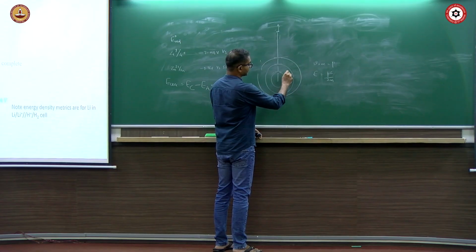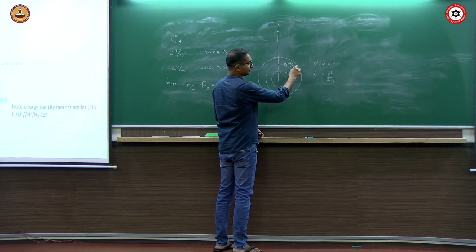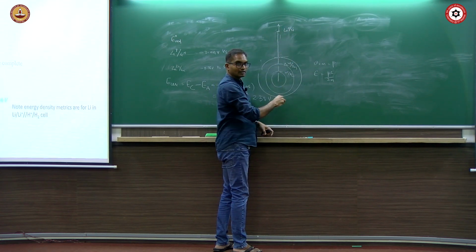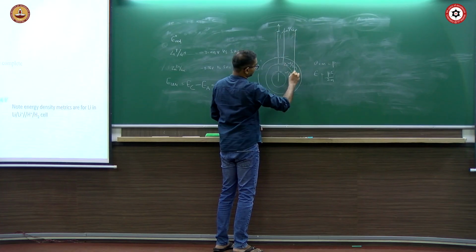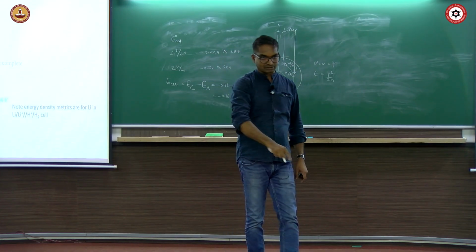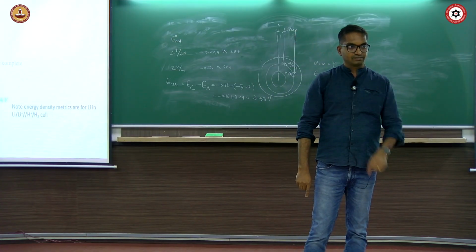Hydrogen is somewhere here, zinc is somewhere here, and lithium is somewhere here. So the voltage for this is small and the voltage for this is big; therefore the energy released is big for that system. Correct, no? Makes sense?